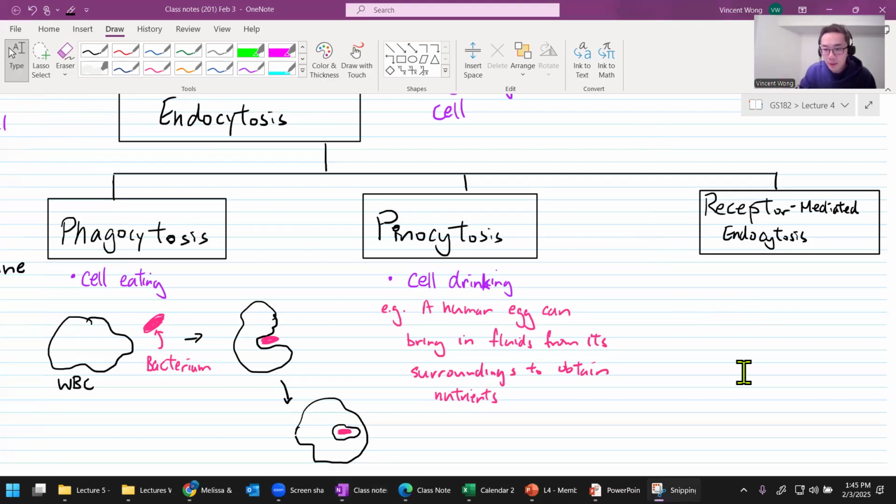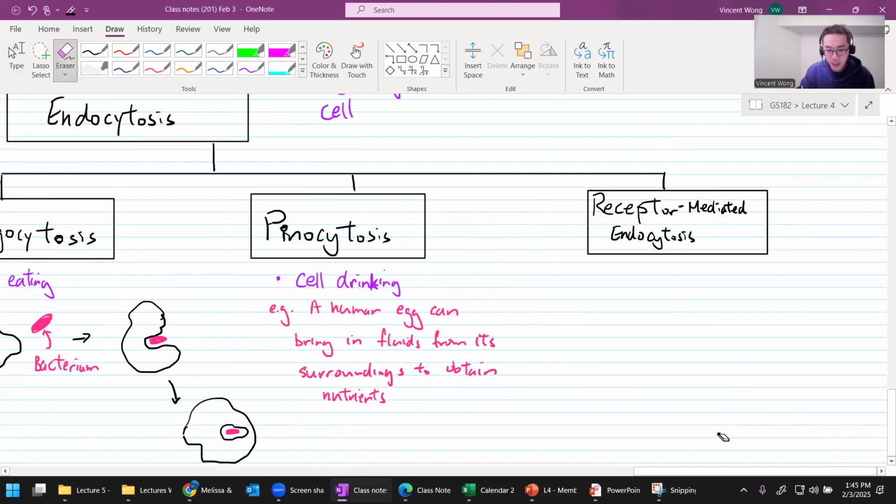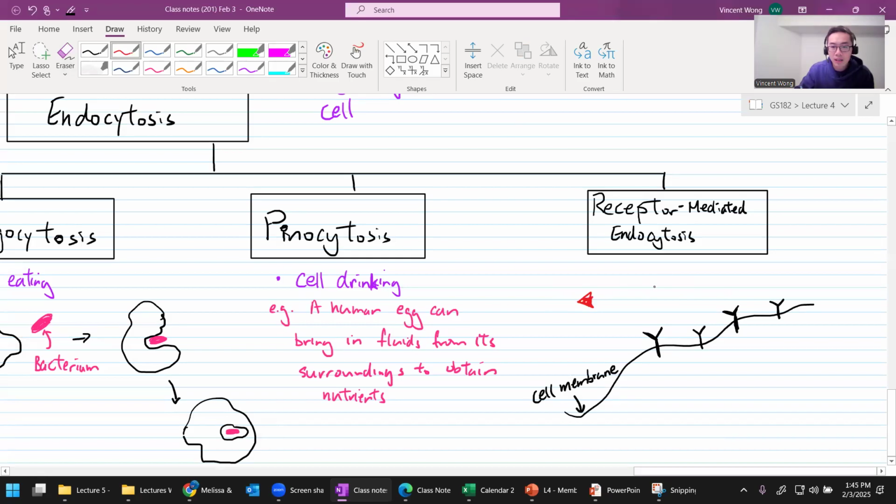Next, we have receptor mediated endocytosis. It's pretty much the same as the other two kinds, but with more selectivity. So cell membrane right here, and on the surface, you would have special kinds of receptors. Let's say in the outside, you have triangle stuff, and then you have circle stuff, right?